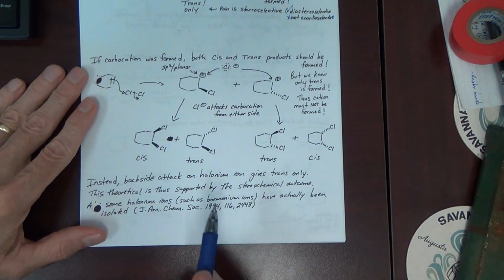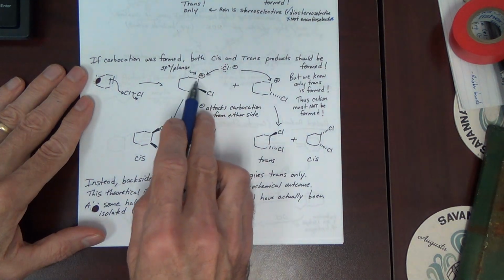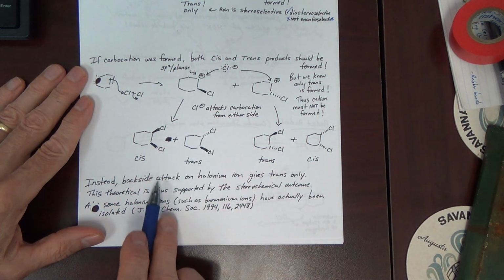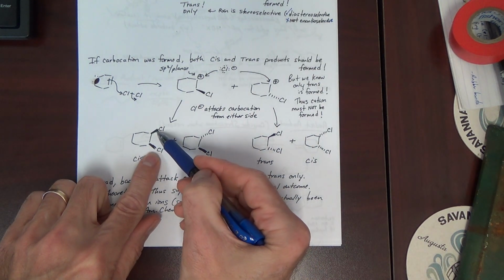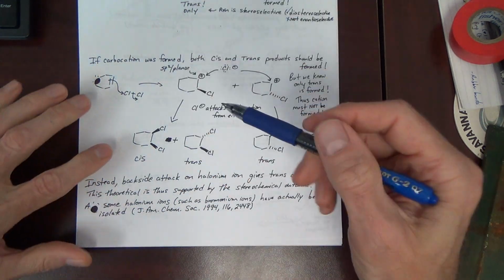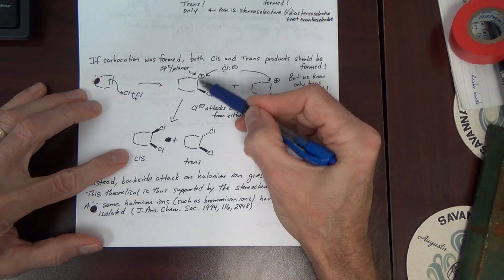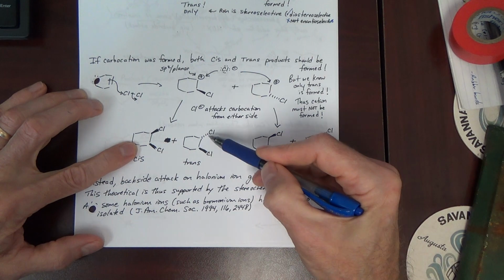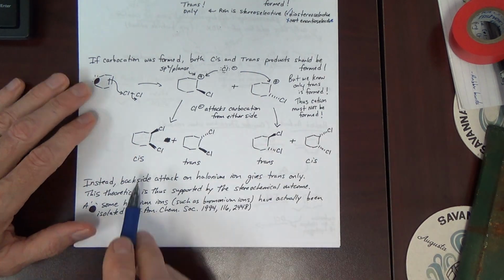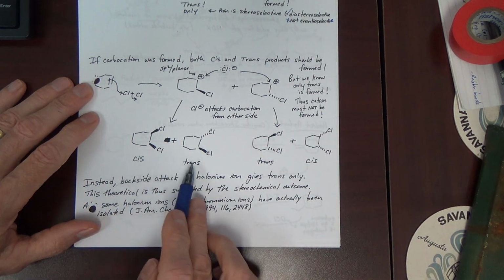And so, you should get 2 outcomes from this intermediate. Chlorine forward, chlorine forward. That would be where this attacked up. If this attacked down or from the bottom, we would have chlorine forward and chlorine down. And we would get both cis and trans.